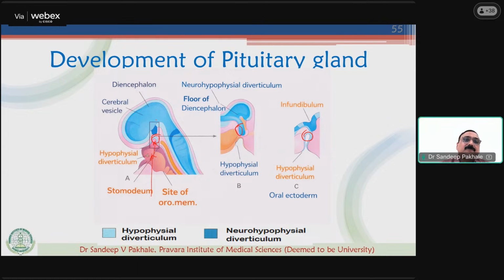So you can see, this portion is the stomodeum, this is Rathke's pouch, and this is the anterior pituitary, forming from Rathke's pouch. From here it is growing downward, the neurohypophyseal diverticulum. These two components eventually come into close association with each other, forming the composite pituitary gland with dual origin and function.